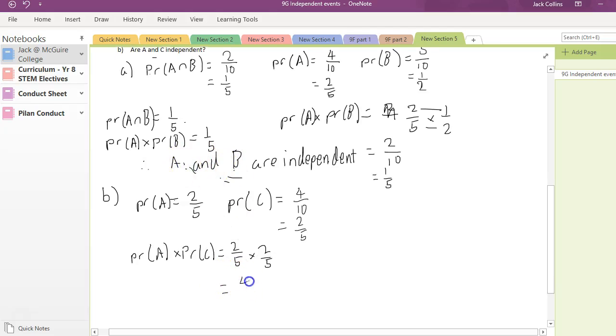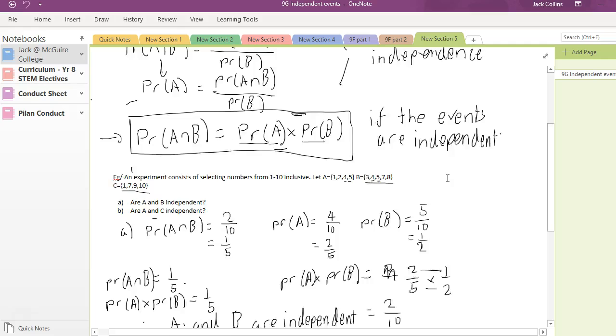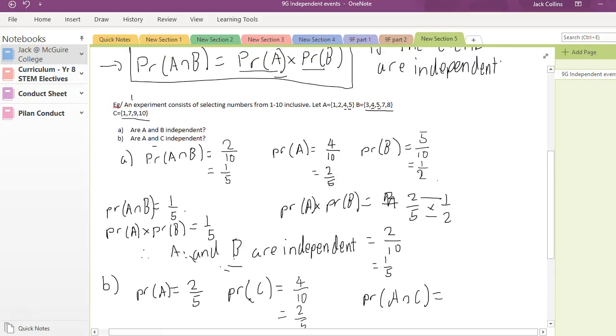You've got 4 out of 25. Okay, so that's your probability of A times probability of C. So we need to show that probability of A times probability of C is the same as the probability of A and C.